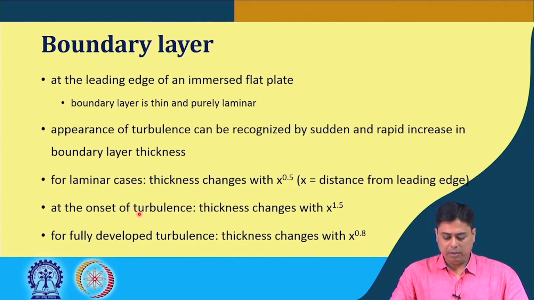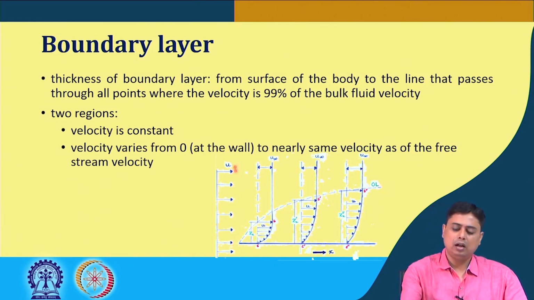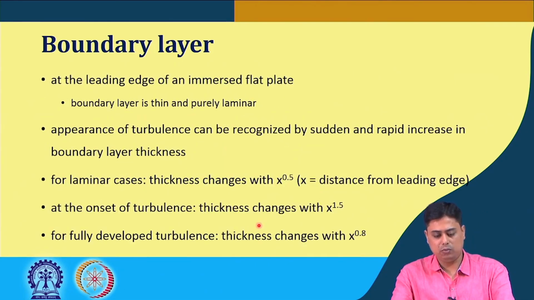If you remember the schematic, near the leading edge the boundary layer is typically very thin, and in fact the whole boundary layer is very thin depending on the flow scenario; it is a mostly exaggerated picture that any textbook shows.